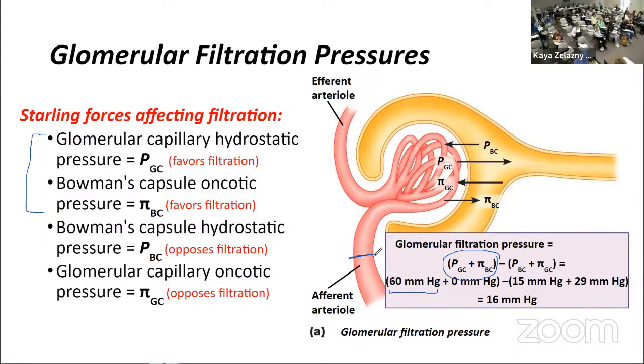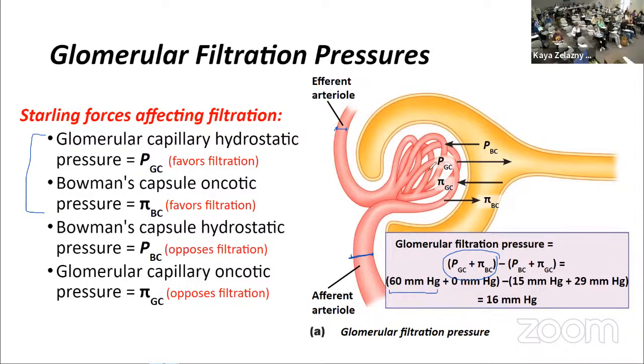So it has a high radius, high diameter, low resistance. Then we go through this curvy capillary, and our efferent arteriole going away is narrower. So it has a low radius, high resistance. So we basically get blood and pressure backing up in the glomerular capillary, which is great because we actually do want to filter a bunch.